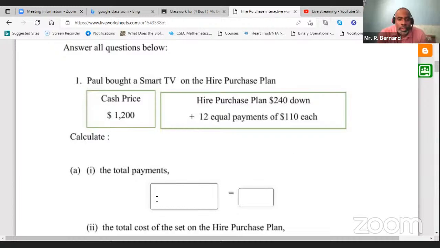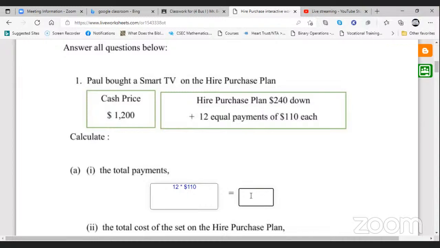That's Richard. So 12 times, I don't know how they want it, but I'm just going to write it like that. And what's the answer equal to?